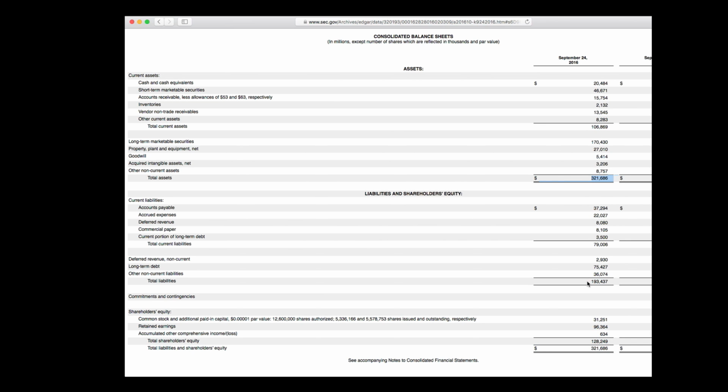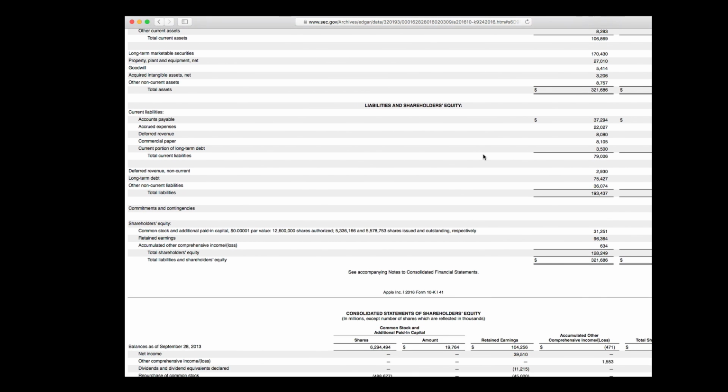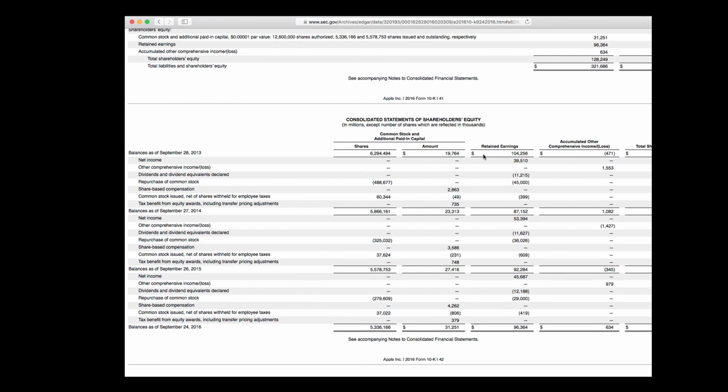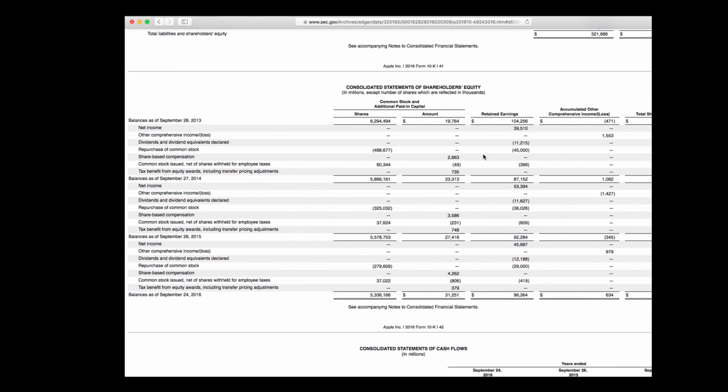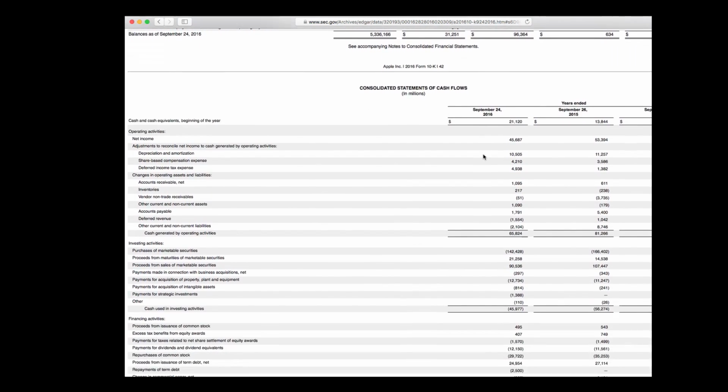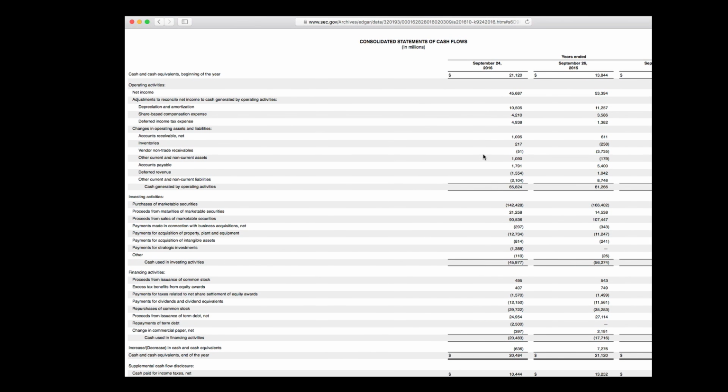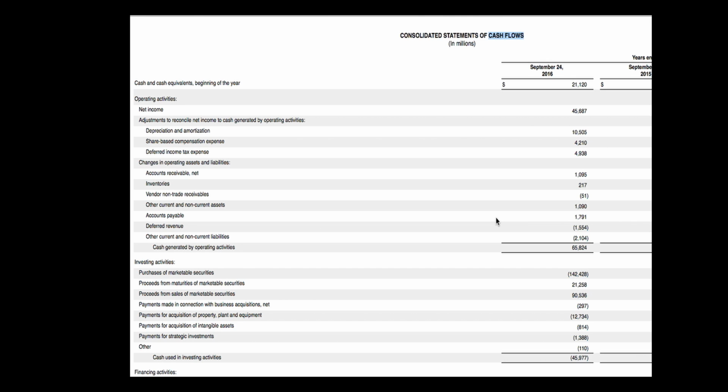The last statement that we would look at is the cash flow statement. And with the cash flow statement, the cash flow is a reconciliation between the beginning of the year cash and the end of the year cash. So when we go to the cash flow statement, we can see, and there it is, cash flows.